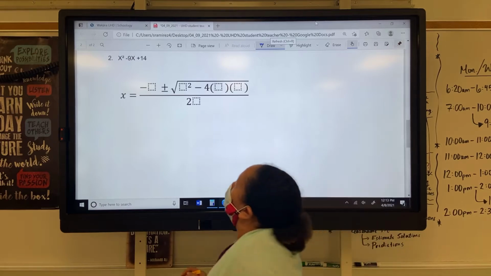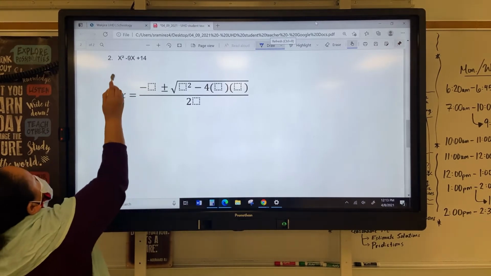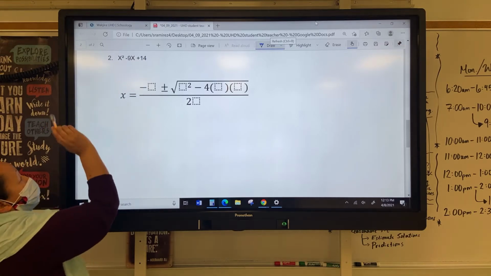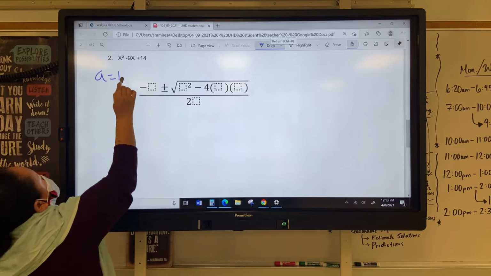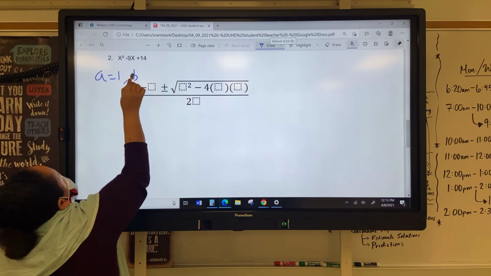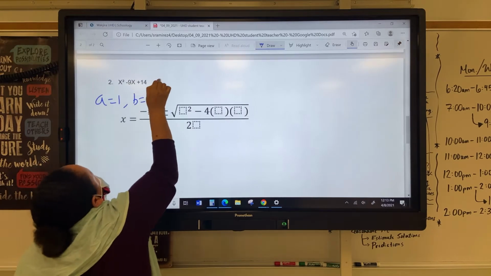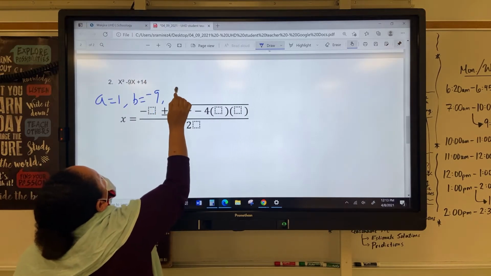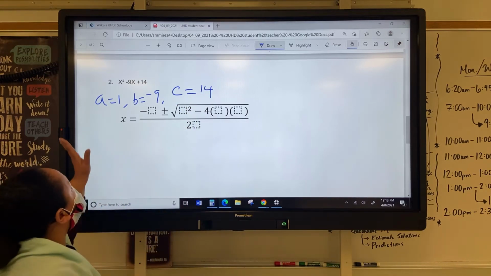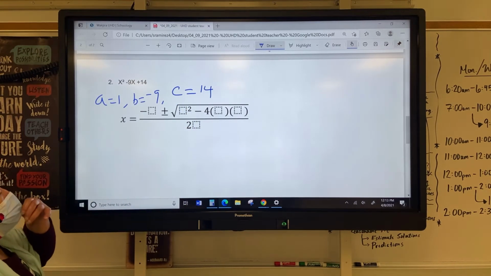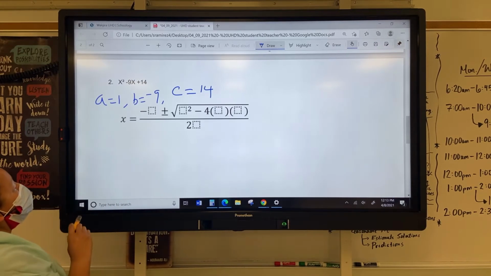Okay, I'm back now. To try the second one, we have to label our a, b, and c first. Our a is 1, and our b is minus 9, and c is 14. Once you label your a, b, c, then it is easier for you to put them in here.